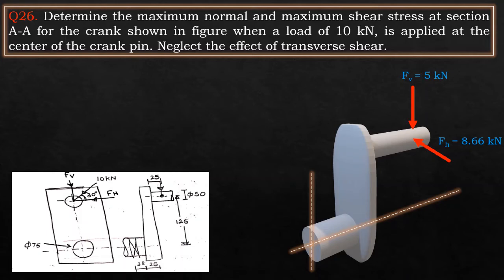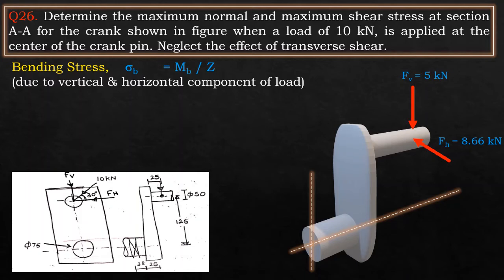Let us start with bending stress. The bending stress is determined by using the equation sigma b is equal to Mb by Z, where Mb is the combination of horizontal and vertical bending moments. Now let us understand how we consider the bending moments. In this case, the horizontal component as well as the vertical component are in mutually perpendicular directions.